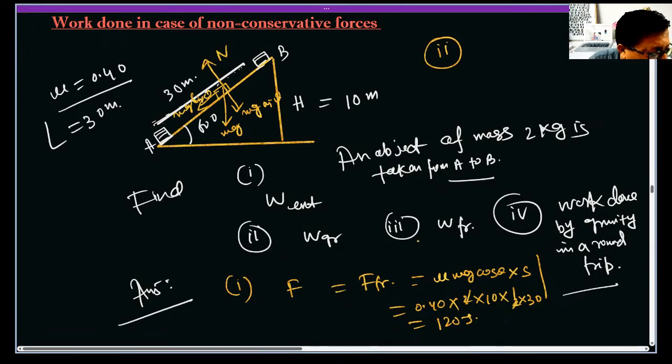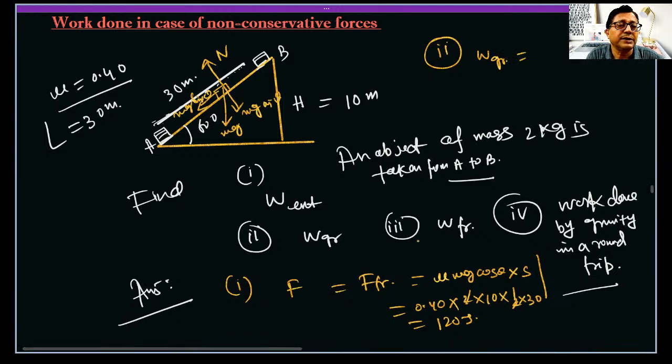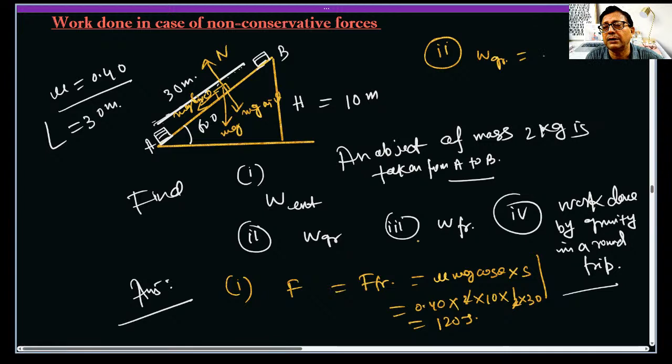Next one, work done by gravity will be how much? Work done by gravity, W G, gravity I am saying, this will be mg sin theta into displacement, that is 30 only. Just account for this. And the third part, work done by friction. Work done by friction will be negative only.